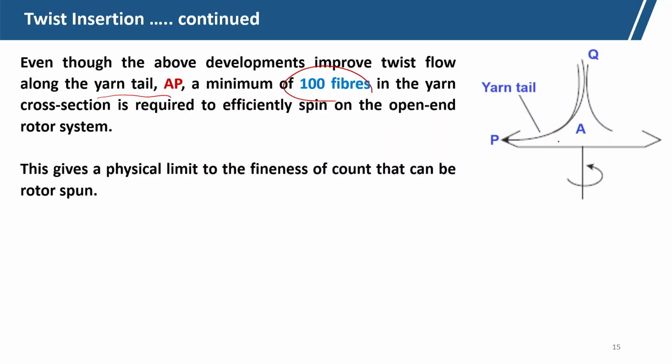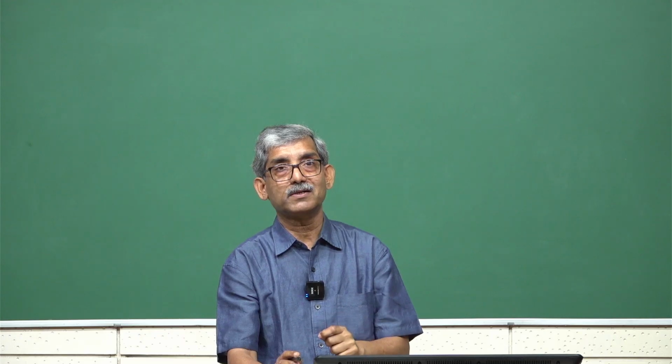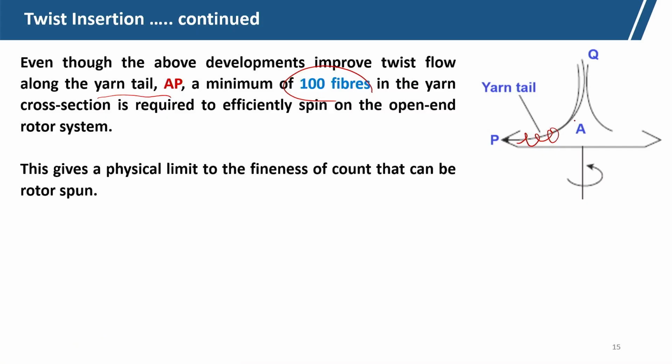We need a certain torque to flow. If we reduce the number of fibers, the twist torque will not flow from A to P, and there will be immediate breakage.